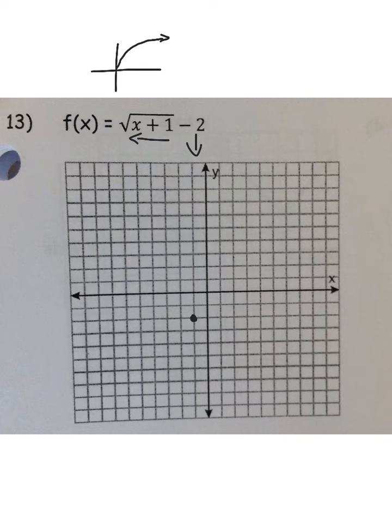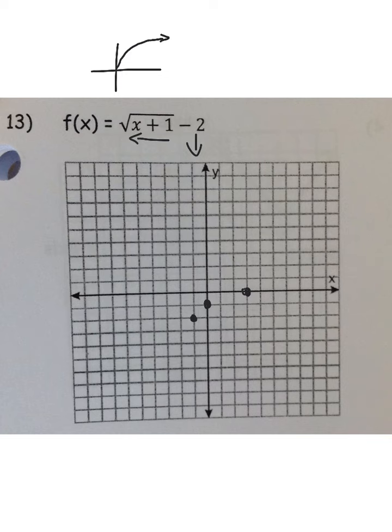Okay. All right, so then from here, I'm going to go to the right 1, up 1, and put a dot right there at 0, -1. Okay, just like that. And then I'm going to go back to this starting point again, and I'm going to go out 4, up 2, and put a dot. Okay, so 1, 2, 3, 4, 1, 2.